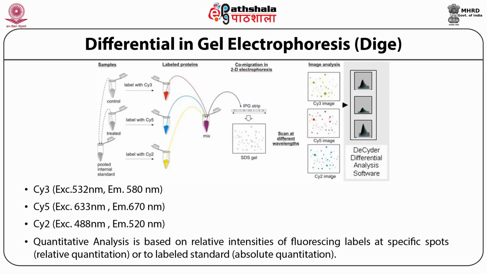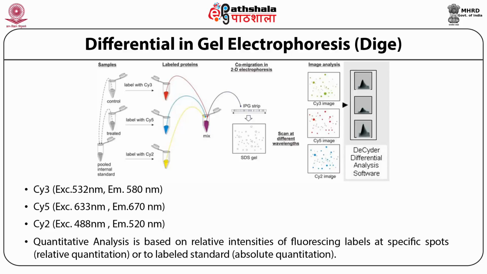After completion of 2D gel electrophoresis, images can be visualized with the help of a fluorescence imager, that is the Typhoon Imager. This imaging process shows excitation and emission of different dyes at different wavelengths, and because of this you will find three images from a single gel.